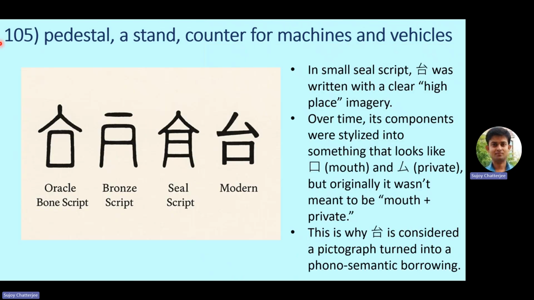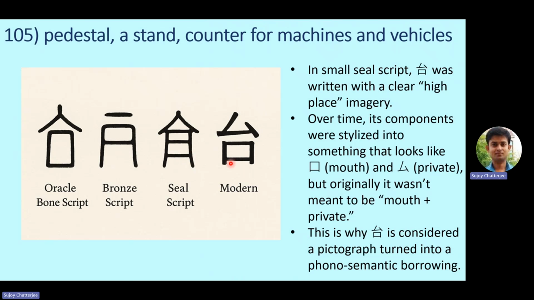As you can see here, these are the ancient versions, Oracle bone script. This is a pedestal, and on the pedestal someone is standing or sitting. This is in the bronze script, again the same pedestal and something is kept over the pedestal. In the seal script also the same thing, this is the pedestal.